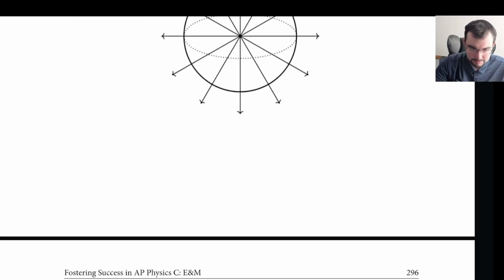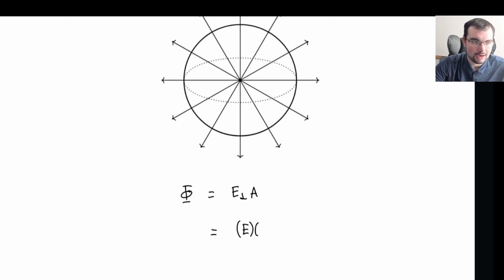So once again, we can just say that flux is E perpendicular times the area, and it's the full field that's perpendicular. And this is a sphere, so we're not going to use pi r squared. It's not a circular loop, it's a sphere, and for the area of a sphere we use the relevant surface area.